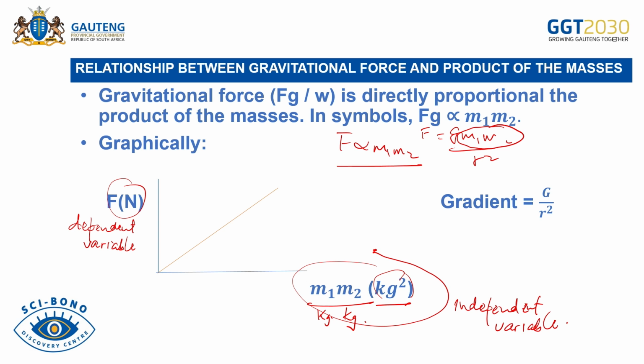In this case, our dependent variable is the force, and your independent variable is always along the horizontal axis, which is what we call the x-axis in mathematics. So the product of the masses here is our independent variable. It's not the mass, but the product of the masses.